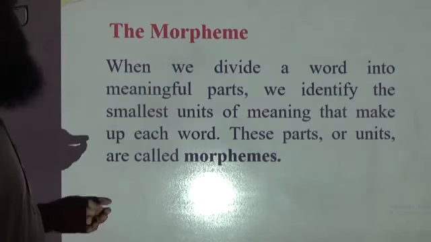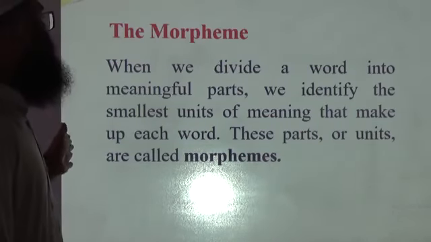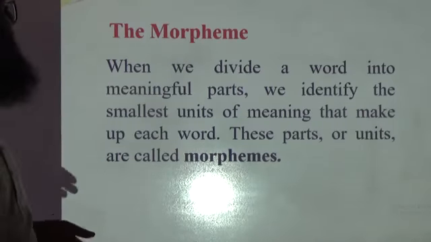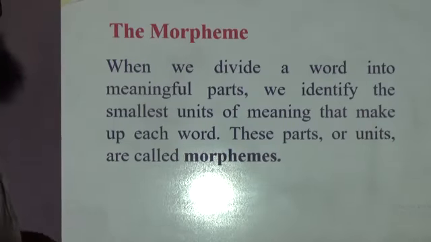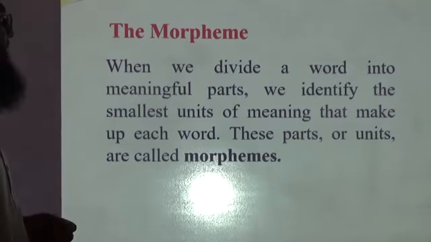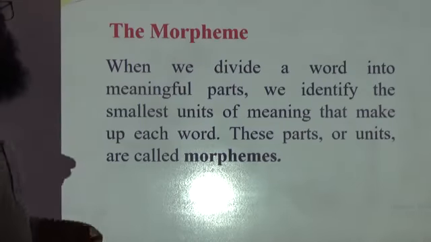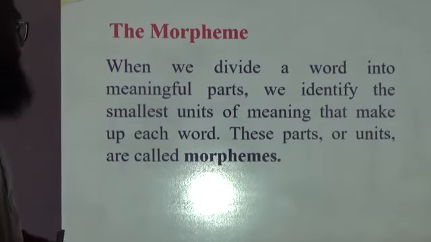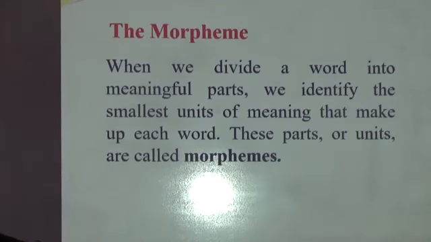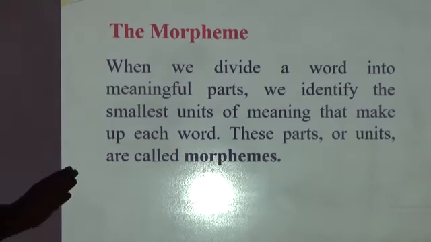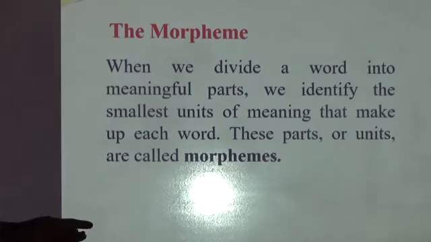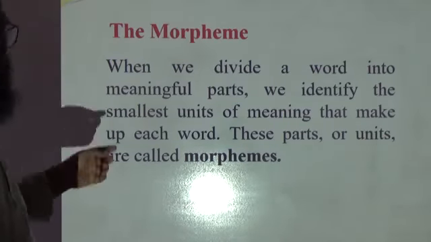When we divide a word into meaningful parts, we identify the smallest units of meaning that make up each word. These parts or units are called morphemes. That means if we want to form any word, we have to use several small units. Every such unit of a word we can call a morpheme.